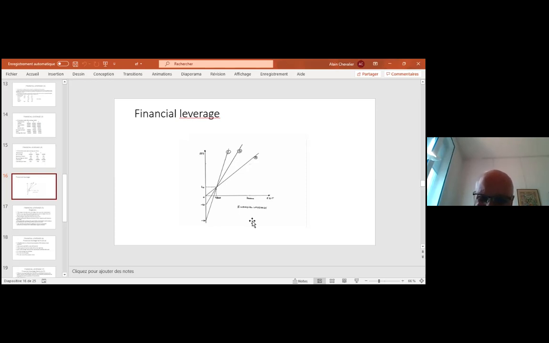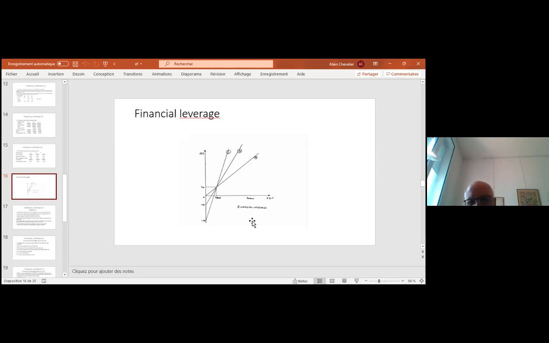Now, the last element. We have been through these calculations, the first analysis, but we noticed also that on the graph, it seems that these three lines cross each other at the same point.